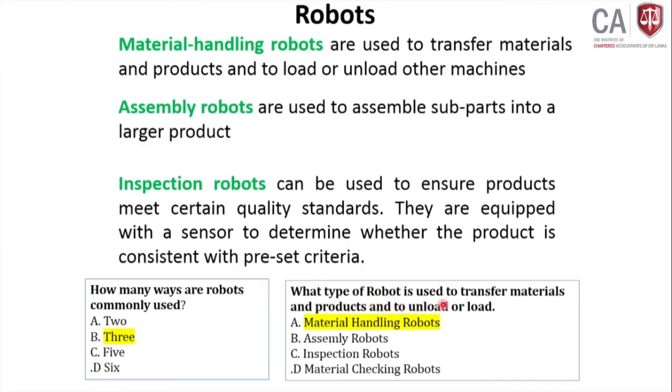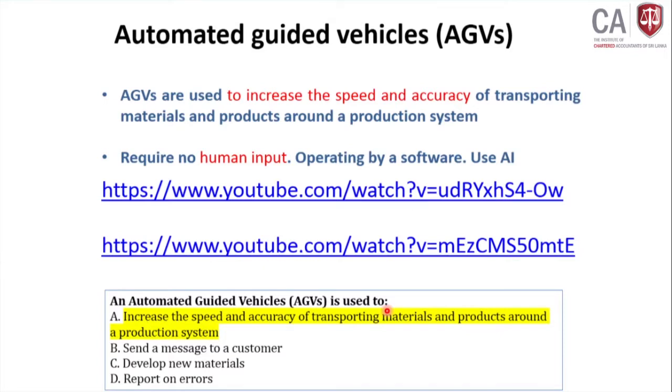What type of robot is used to transfer materials and products and to unload and load? Material handling robots. Automated guided vehicle. What are the automated guided vehicles? You may have seen in the factories, in manual operation factories, there can be a person, a driver, who will take the forklift and take some goods and load it somewhere.